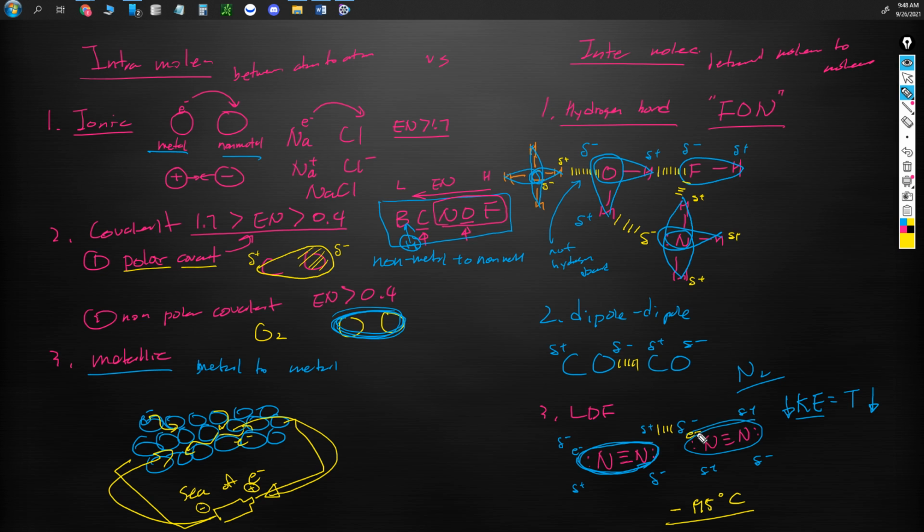The electron will flip back, and so does this electron, forming another bond between the two. So this is going back and forth, and this one is doing a synchronized movement somehow. Then, more likely by chance, they will form the bond which is called LDF, London Dispersion Force.